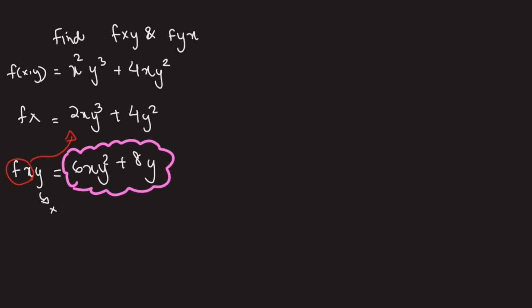Alright, so now let's move on and find f of y of x, and for that you know that you need f of y first, so you will calculate f of y first.